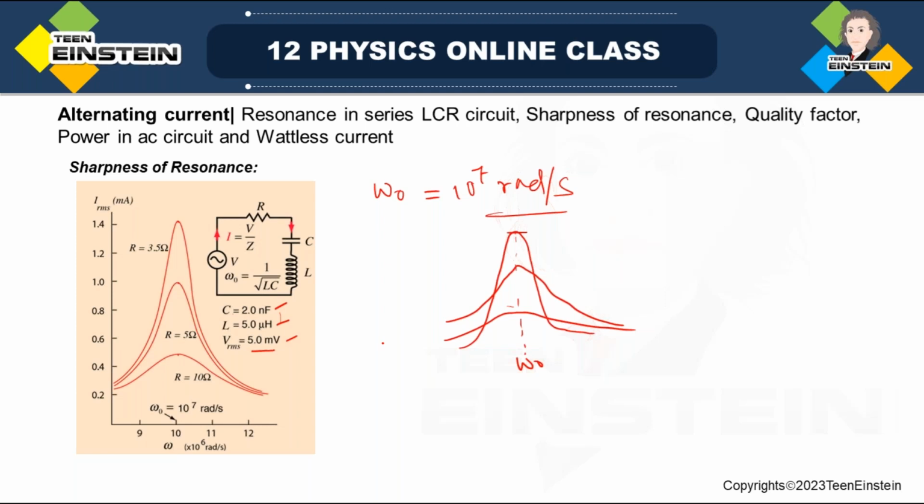We'll come to that, but visually you can see that for lower resistance the curve becomes sharp and narrower, but for a higher value of resistance it becomes wider.